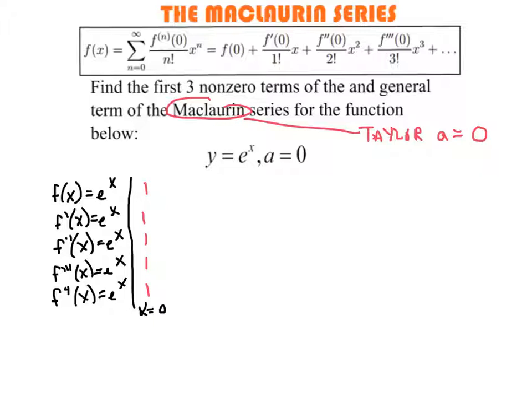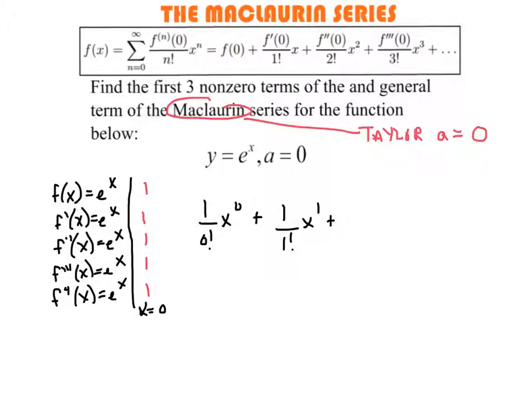Okay. So the first term would be 1 over 0 factorial. Okay, because it's the 0 derivative, which is just the function, and 0 factorial. And then it'd be x to the 0. All right, next, the first derivative is 1 over 1 factorial, x to the first.